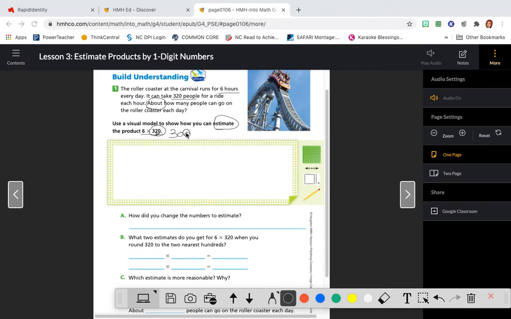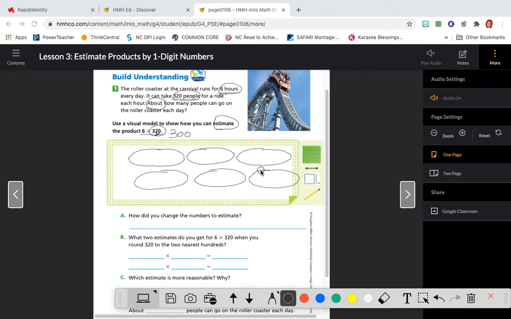Now, I'm going to create a visual model. Remember, a visual model is just a fancy word for a picture. So we want to create some type of picture to show our work. Well, if we have 6 hours every day and 320 people per hour, we're going to create 6 groups with 300 in each group. So the first thing I'm going to do is say 1, 2, 3, 4, 5, 6. This represents 1 hour each.